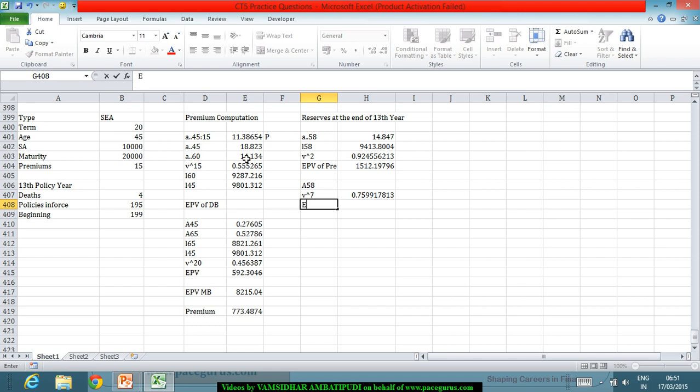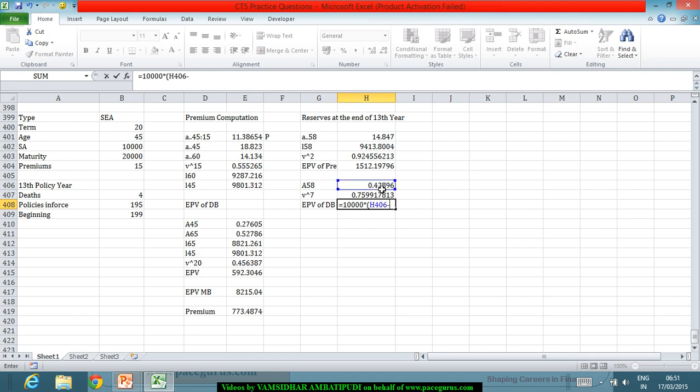So I can find the expected present value of the death benefit once I get the capital A58. Capital A58 is 0.42896.